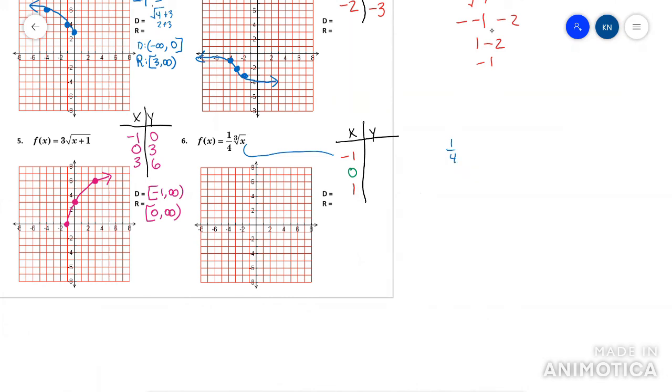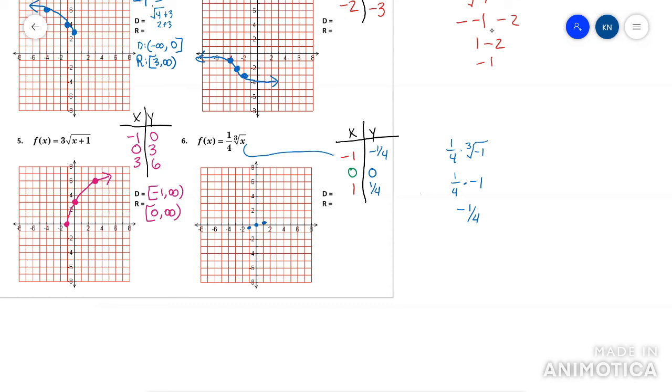So you have 1/4 times the cube root of -1. Well, that's 1/4 times -1, which is -1/4. If you plug in 0, you'll get 0, and if you plug in 1, you'll get +1/4. So this one, -1, -1/4 is here, 0, 0, and then 1, 1/4.